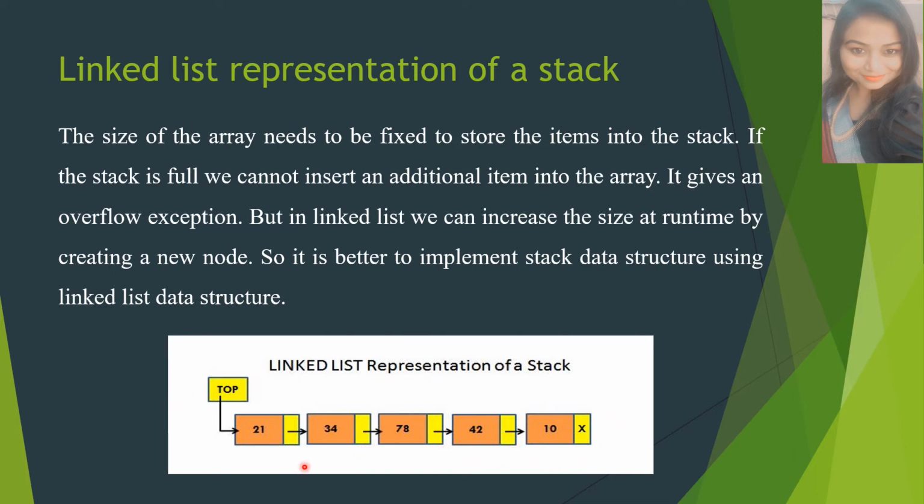The information field contains the data, and the link field contains the address of the next node. This is the linked list representation of the stack. The advantage of the linked list representation of a stack is that we can increase the size of the stack at runtime by creating new nodes. So it is better to implement the stack data structure using the linked list representation.